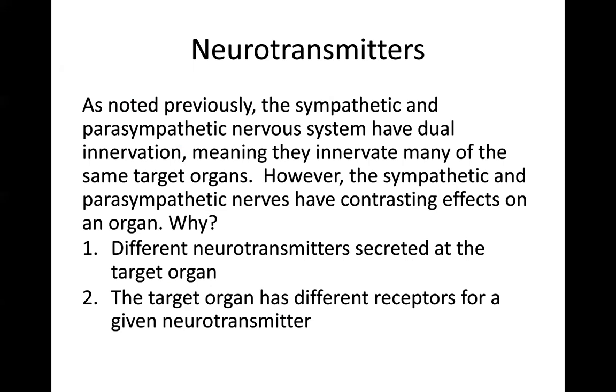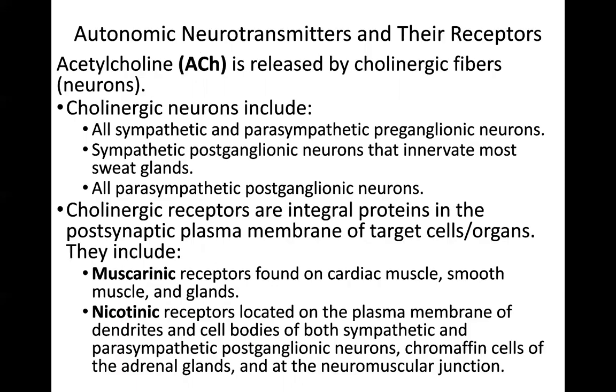We're going to talk for the next couple of slides about neurotransmitters and receptors, starting with the one I just mentioned and one that we introduced last week, acetylcholine. Acetylcholine, capital A, capital C, lowercase h, is released by what we call cholinergic fibers or cholinergic neurons.